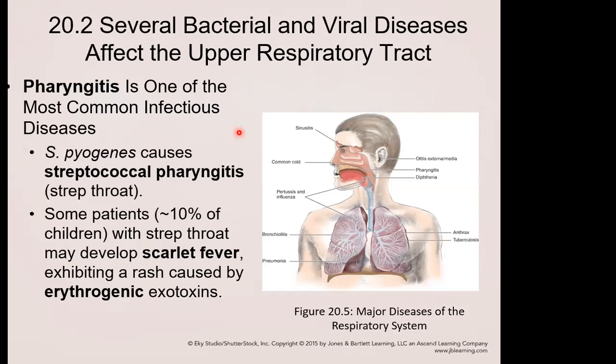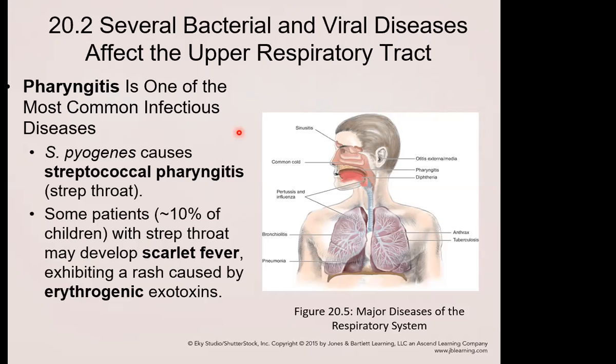People usually get antibiotics to treat strep throat. And one complication is called scarlet fever. So I was reading, this is going to happen in maybe about 10% of kids who get strep throat.